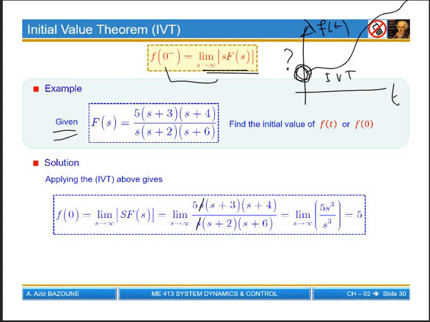Yes, we can simplify s with s. And then, since s goes to infinity, we see the higher power of this one. This turns out to be 5s squared over s squared. You simplify s squared with s squared, and the limit will be equal to 5.